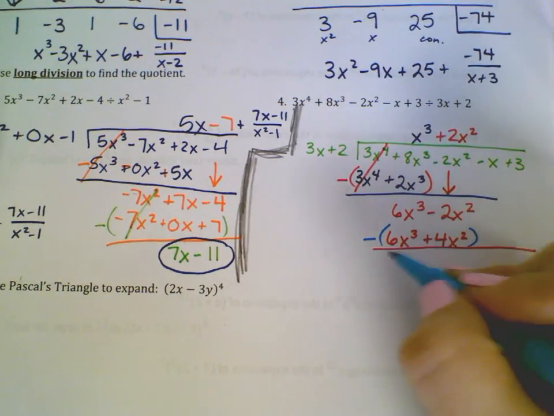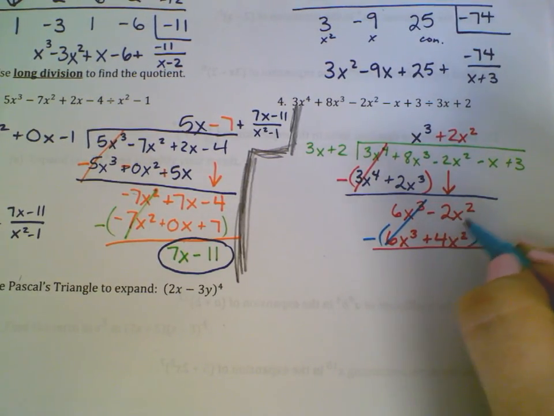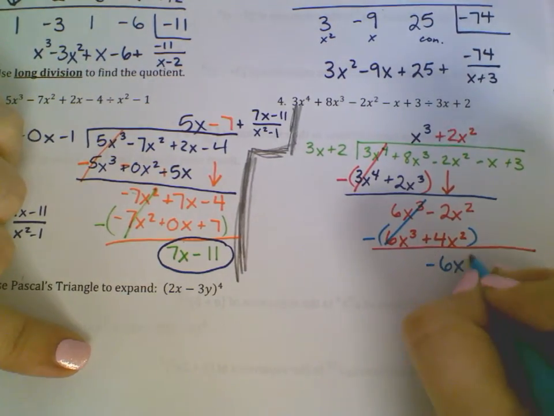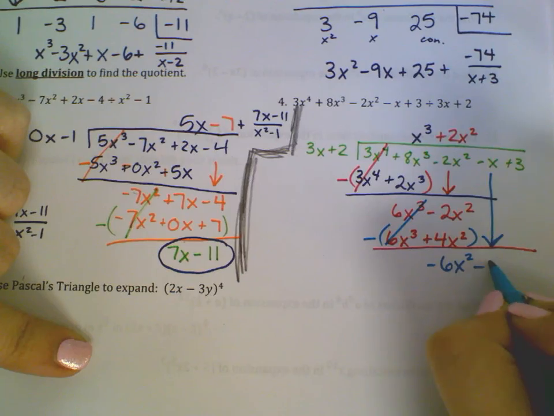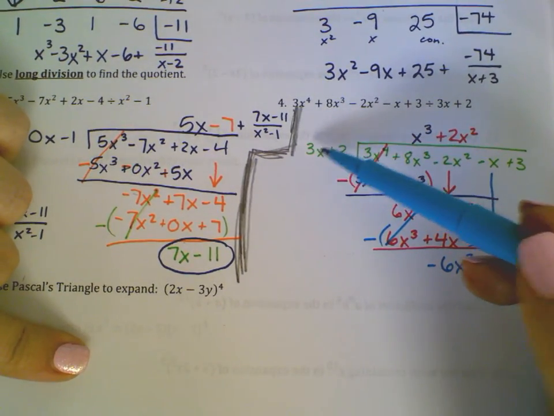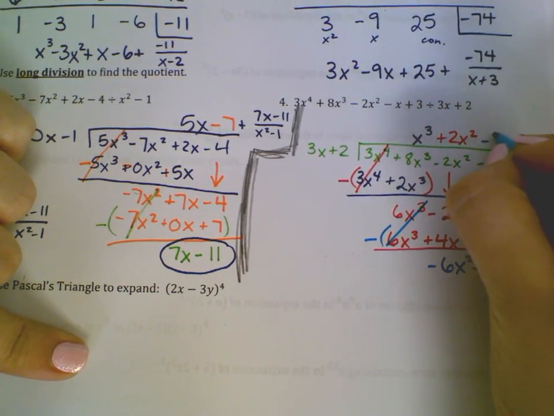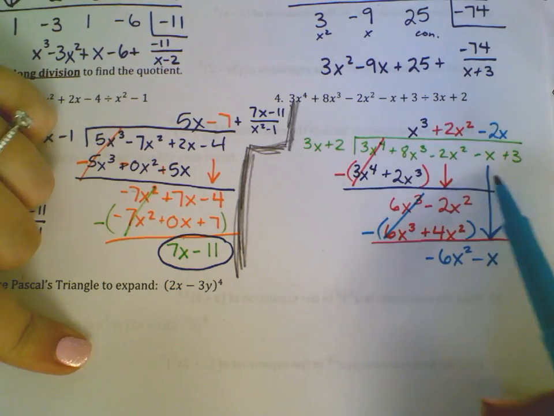So 6x cubed minus 6x cubed, we're good. Negative 2x squared minus 4x squared gives me negative 6x squared. And I'll need to bring down this negative x. Now again, what can I multiply by 3x to get negative 6x squared? That will be negative 2x. And do we see how everything is still lined up here?